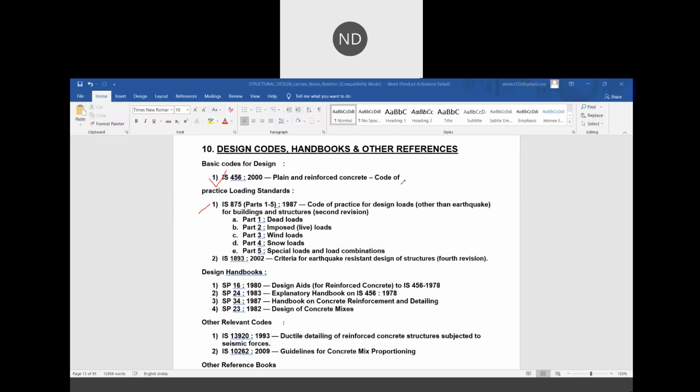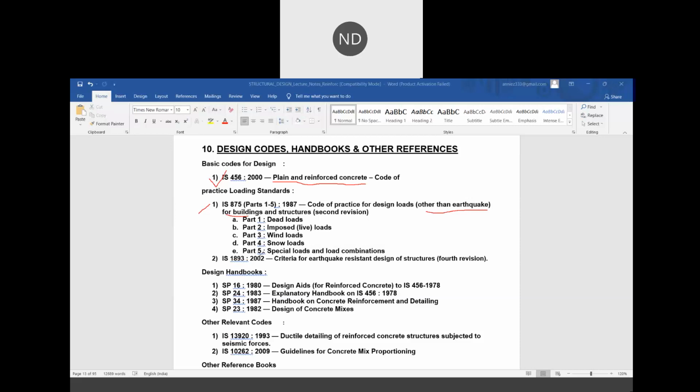So the IS code for reinforced concrete, RCC, which you follow, is IS 456 2000. But when you are dealing with earthquake building designs, we use IS 875 1987 part 1 to 5.